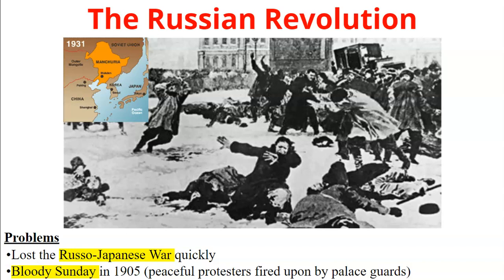So now, Bloody Sunday happens in 1905. This is when unarmed demonstrators were fired upon by the soldiers of the Imperial Guard as they marched towards the Winter Palace to present a petition to Tsar Nicholas. This, of course, is going to provoke public outrage.